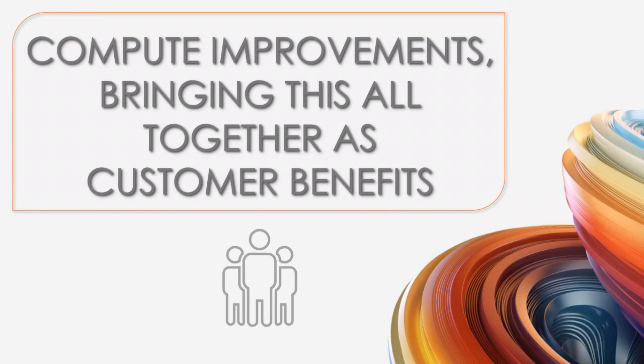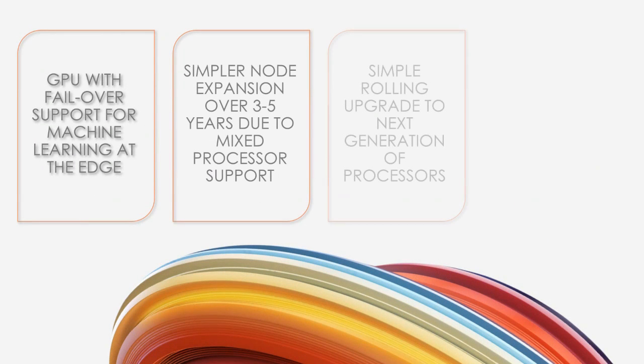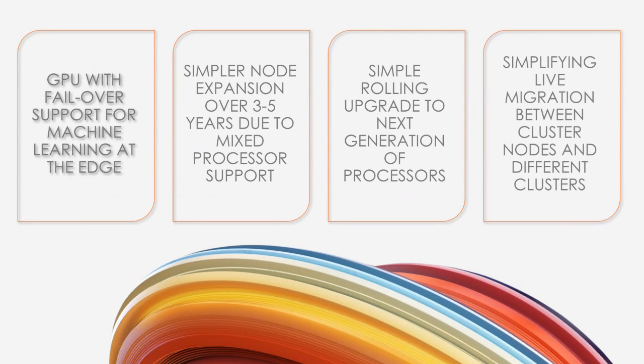So as we bring all of these improvements together, again, as customer benefits, and thinking about these, high availability in GPUs are becoming an increasing requirement at the edge as more data is being intelligently processed before aggregating and sending data to the cloud. Support for mixing and matching of same-vendor processors in the cluster makes node expansion over 3 to 5 years far simpler.